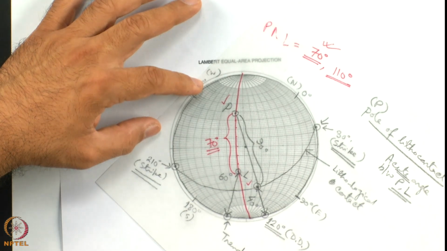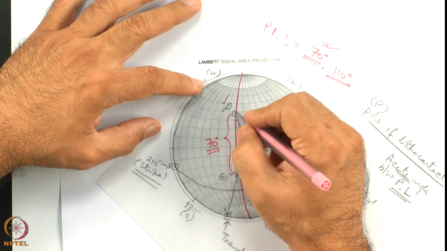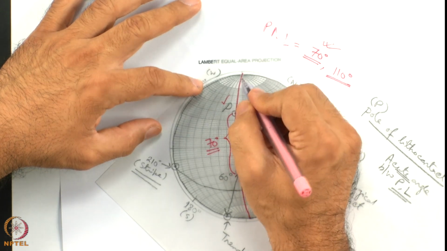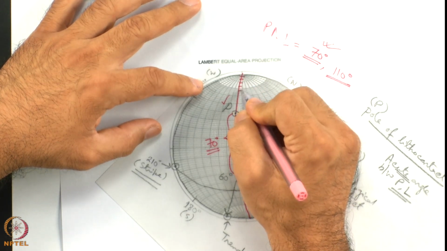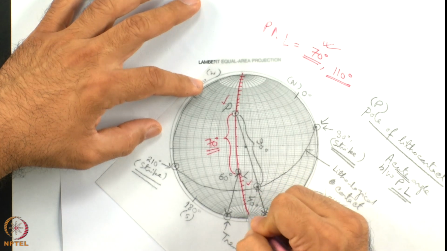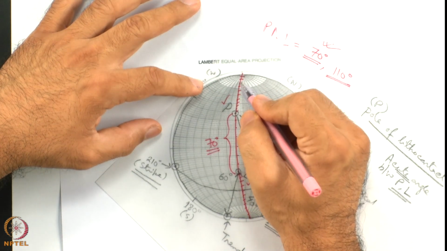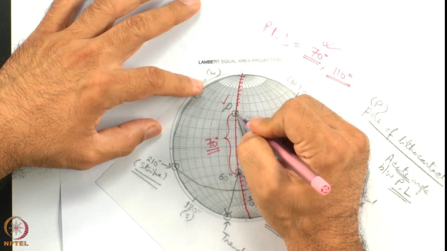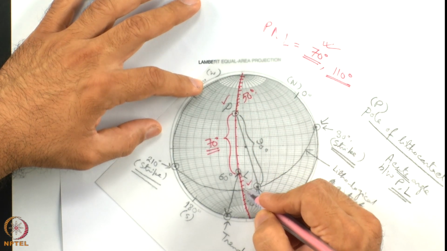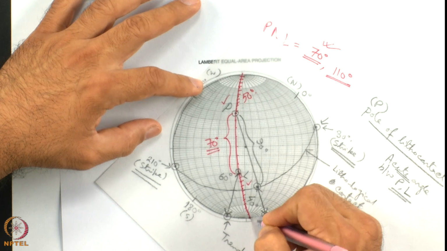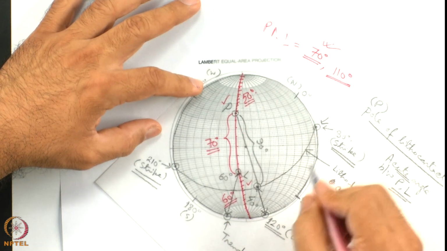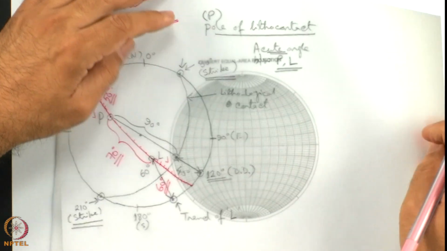By the way, where is this 110 degree angle? That also I will show. This angle we have said 70 degree. We want to measure this angle plus this angle, and if we do that, 10, 20, 30, 40, 50 degree here, and here it is how much? 10, 20, 30, 40, 50 and 60 degree. 60 degree plus 50 degree is 110 degree.